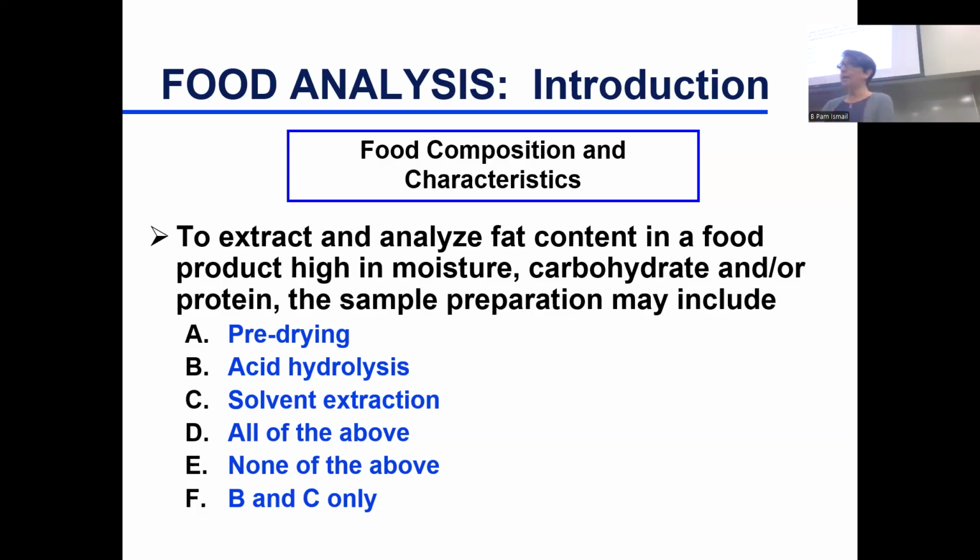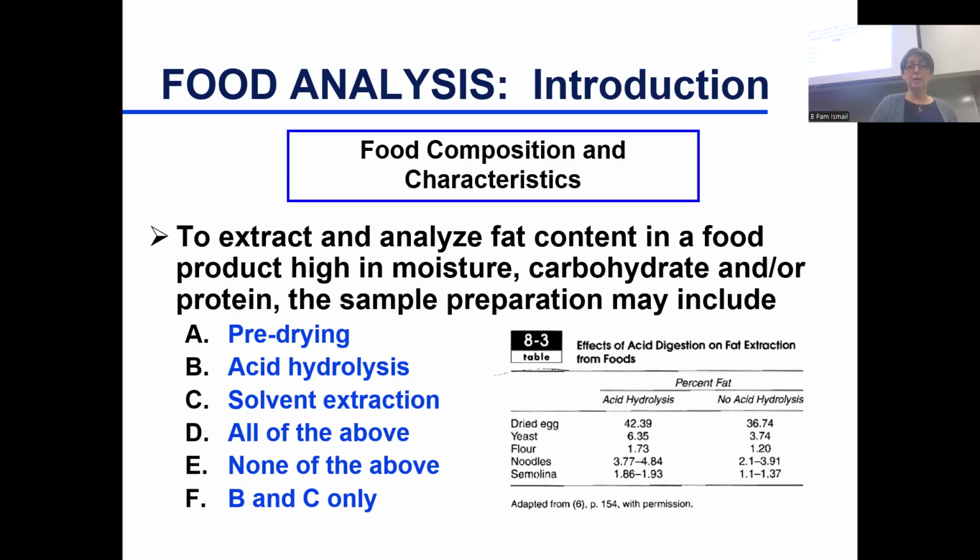So if you do acid hydrolysis, it will break the proteins, it will break the carbohydrate, it will be easier to extract the fat. So this is an example that illustrates if you do acid hydrolysis and if you don't do acid hydrolysis.